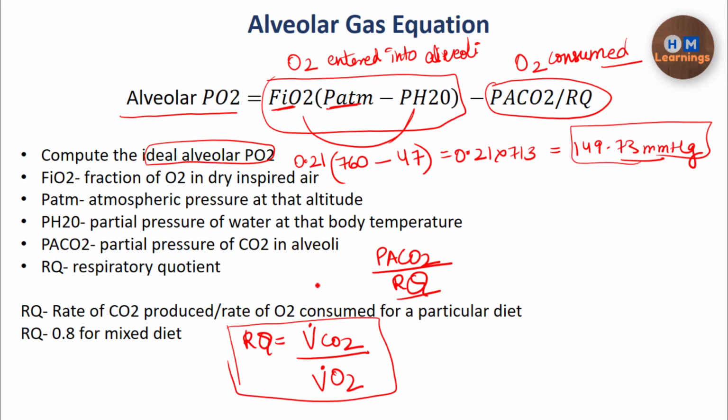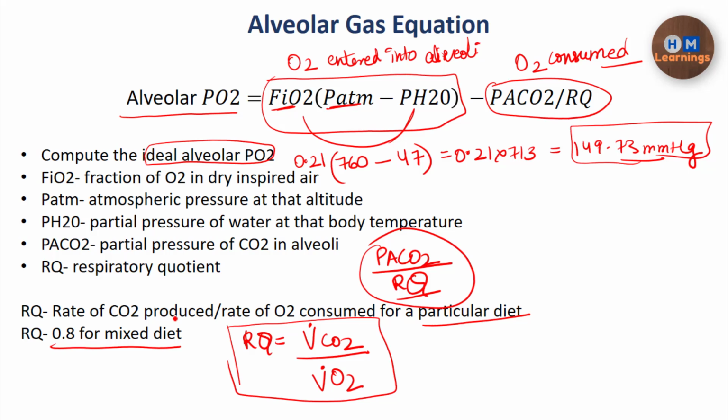By this equation we can calculate the volume of oxygen replaced from the alveoli, the amount of carbon dioxide which has entered, and the volume of oxygen consumed by the body if we know the diet. For carbohydrates, the RQ is equal to 1. For a mixed diet, the RQ is 0.8. The RQ is different for a protein diet and for a fat diet.